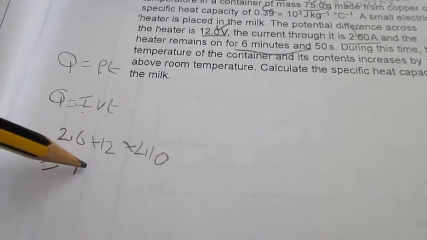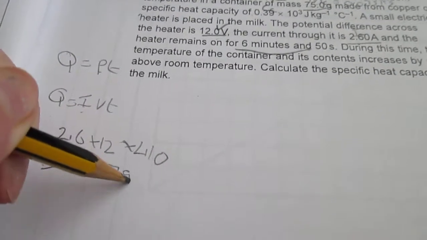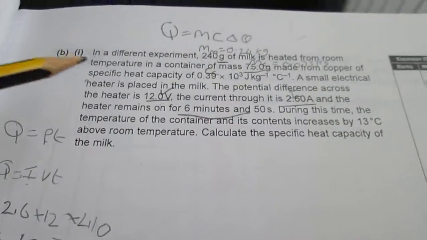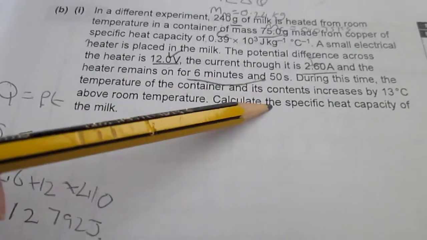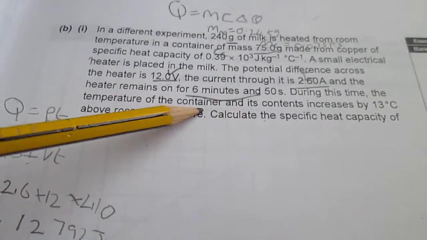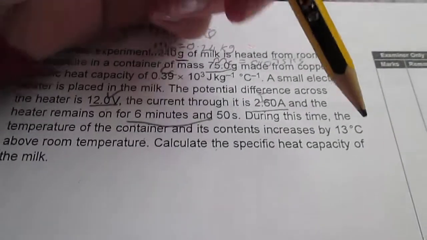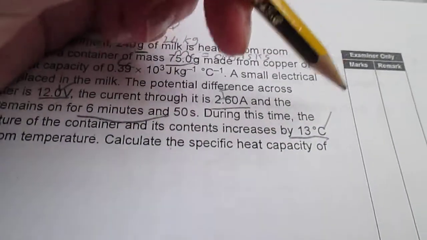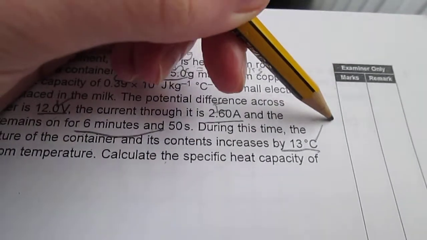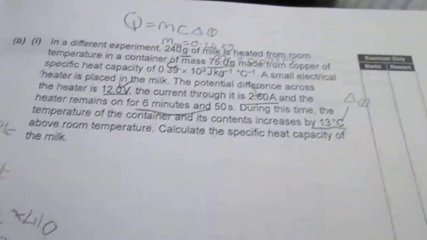So that equals 12792 joules. During this time the temperature of the container and its contents, so the copper container and the milk, increases by 13 degrees. So this has given us the temperature change, and both the copper and the milk change by the same amount.